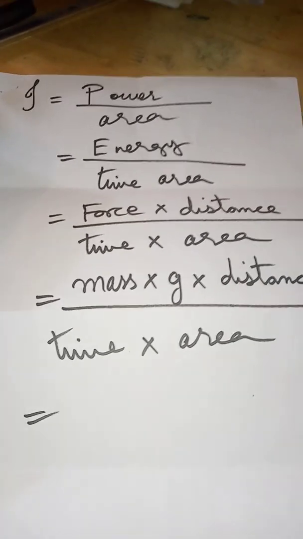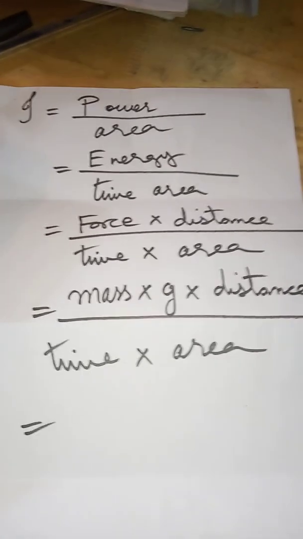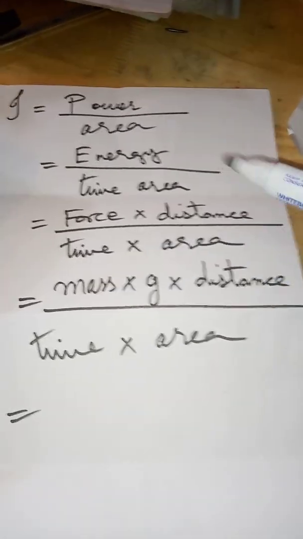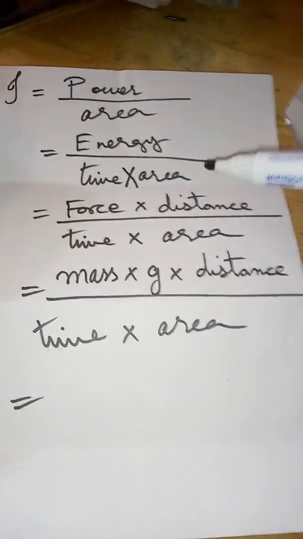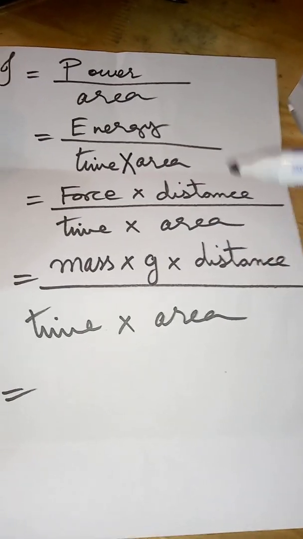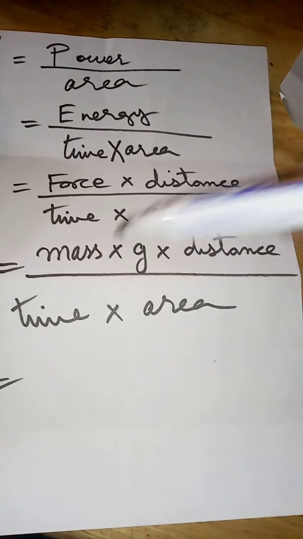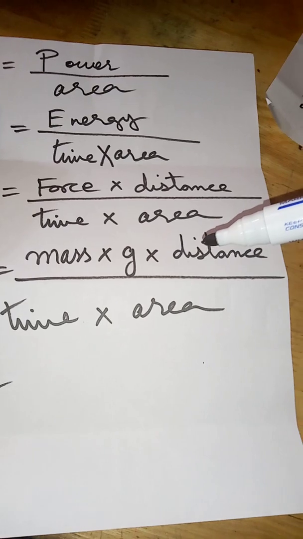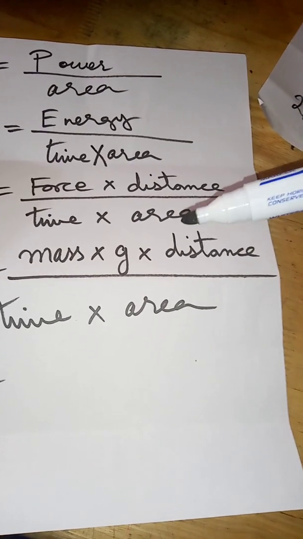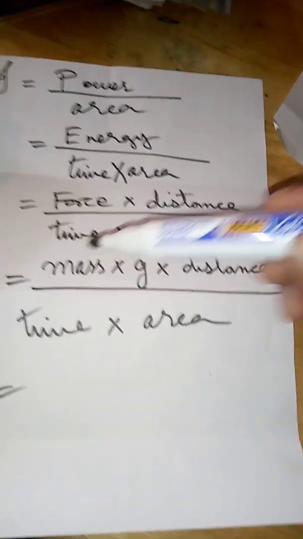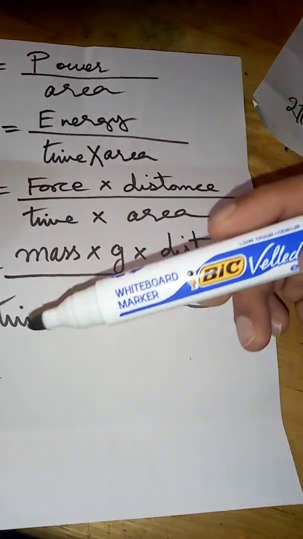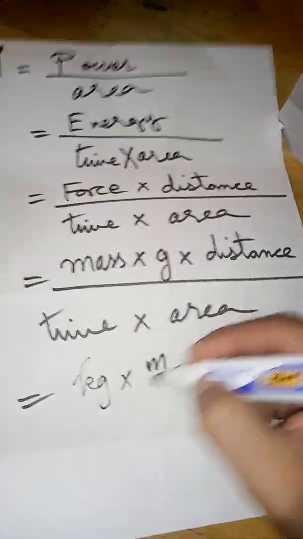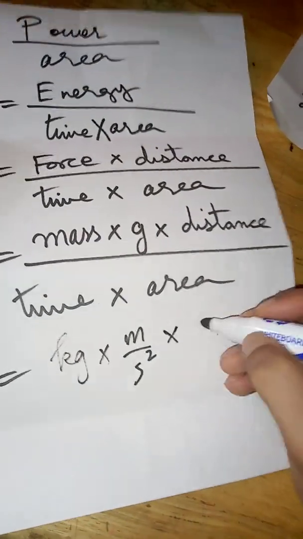If we try to find out the dimensional units of intensity, it'll be power over area, which is resolved as energy over time times area, and then energy is force times distance, and force is mass times acceleration due to the gravitational field.